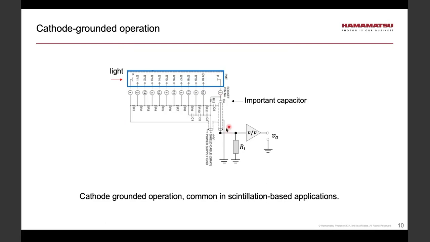Therefore, to employ detection electronics, it is important to have a so-called coupling capacitor in this circuit, C4, which separates the very high potential at the anode from the electronics. Please note that this cathode grounded operation can only be used for pulsed or AC input light. One should not use it for DC.